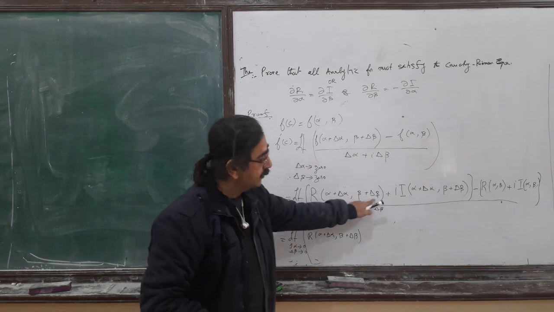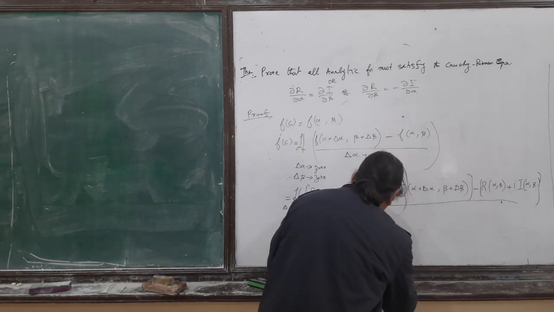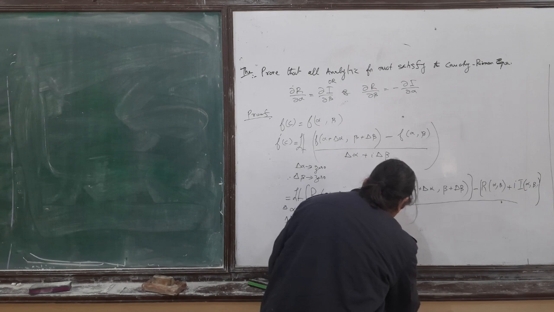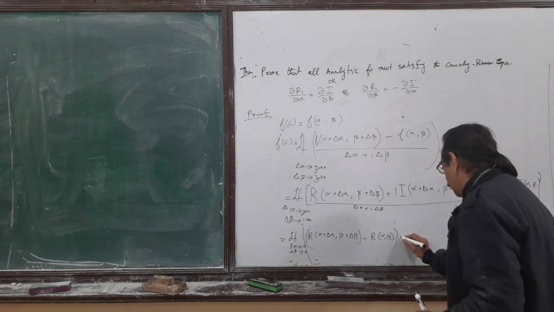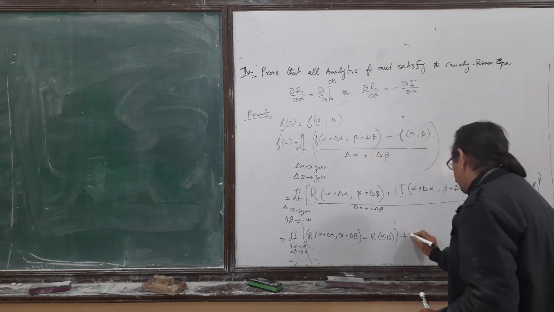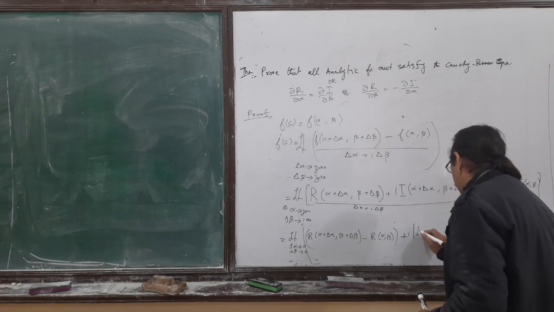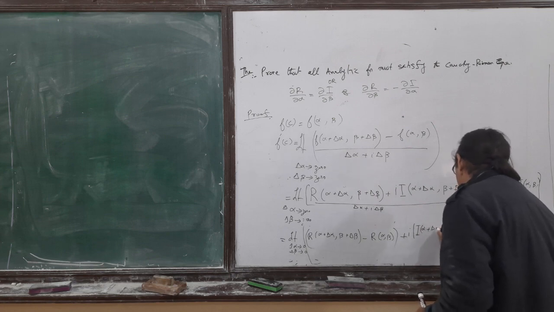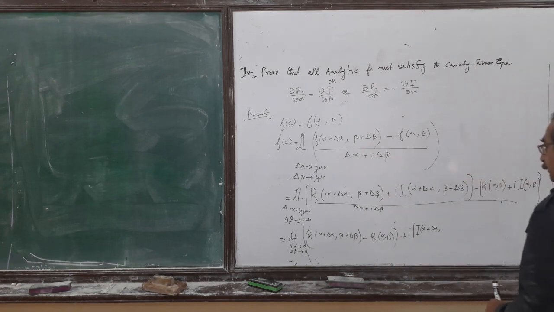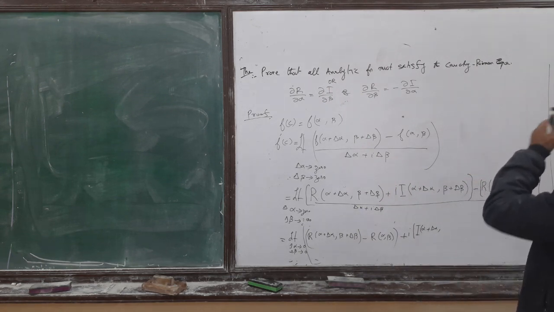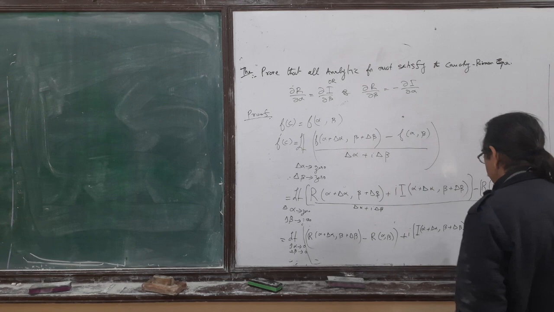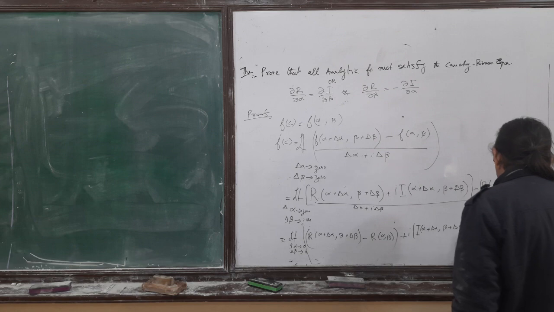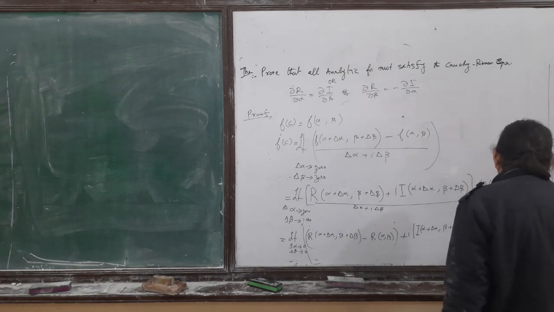R is a function of this, okay, minus R of alpha beta, plus iota I of alpha plus delta alpha, beta plus delta beta, minus I of alpha beta.